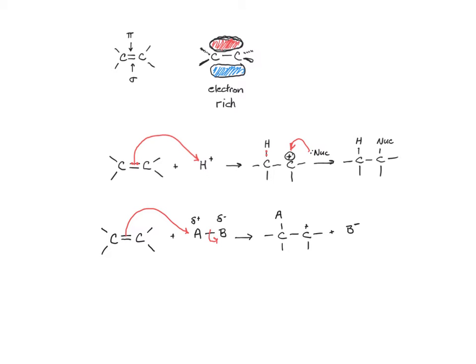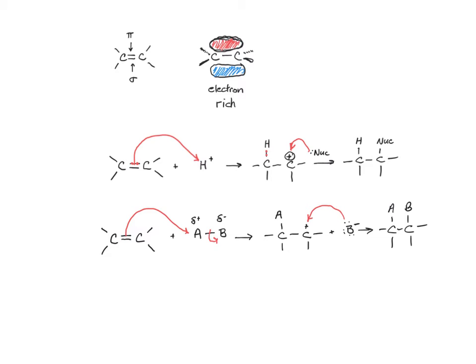Okay, and then that anion could come in with its electrons. We don't know how many are there because we haven't identified it yet. And that will form a bond and get us to a product.